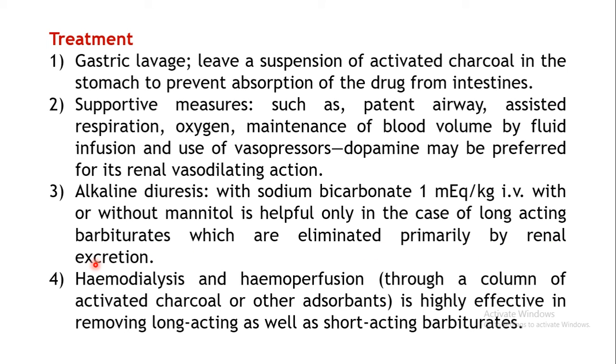So you are promoting the excretion. You have to remove the drug which has caused poisoning out of the body. This is one of the ways by which you can remove it if it is already absorbed into systemic circulation. It is a very important measure which can promote excretion and remove your drug out of the body at a faster rate.